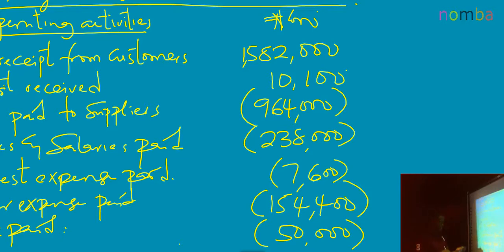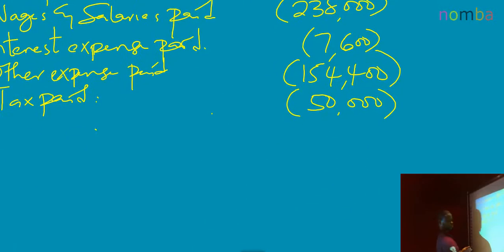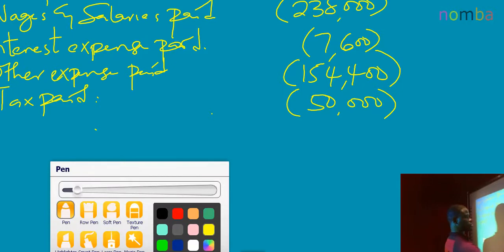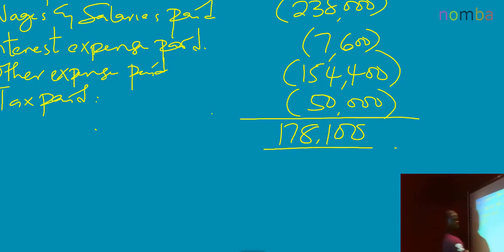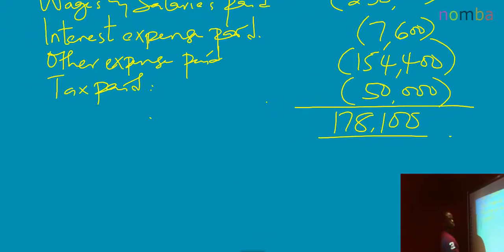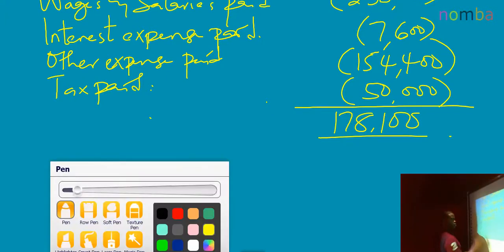That gives me 178,100, a positive amount. 178,100, and that will be a net cash inflow, because it is an inflow.